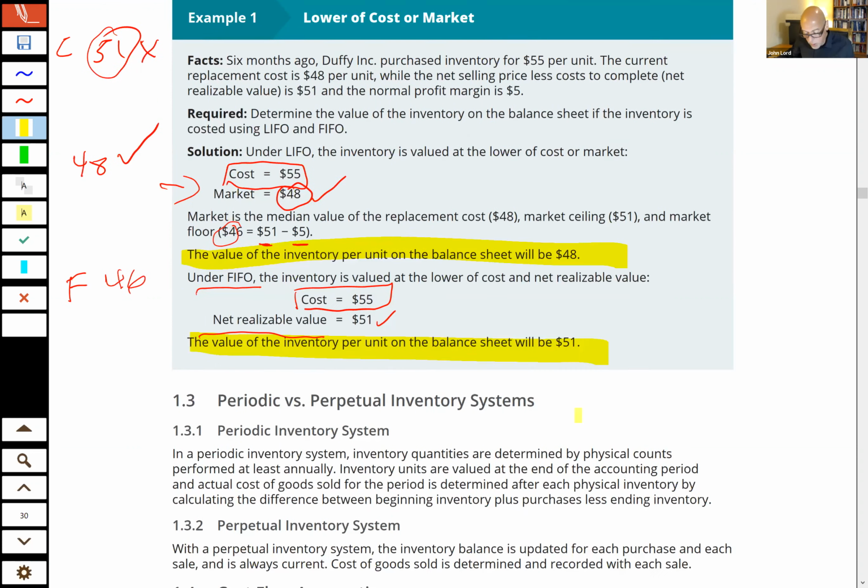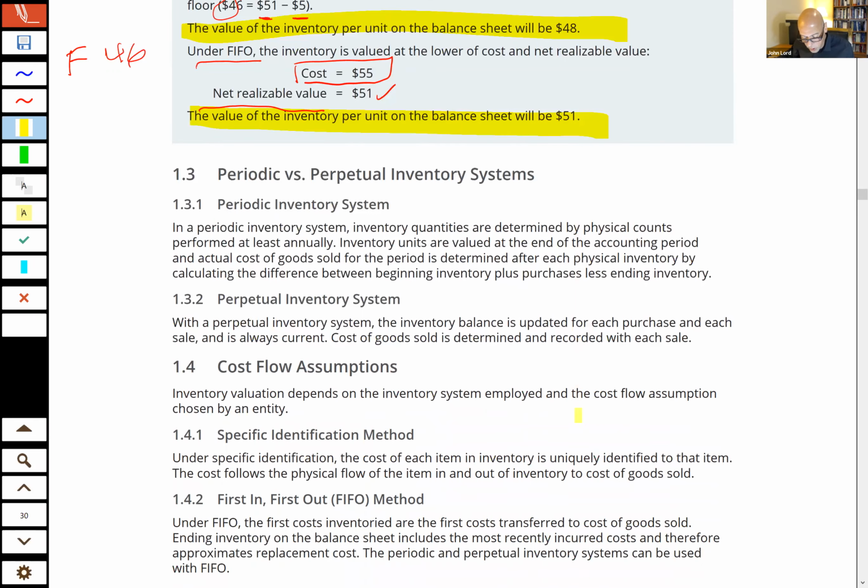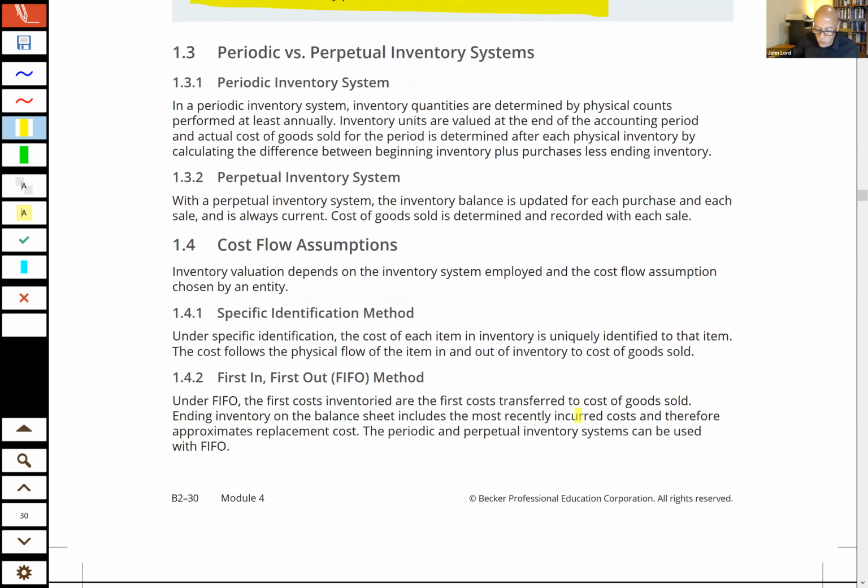Now we come down and start talking about cost flow assumptions. When you look at these cost flow assumptions, we really want to tease out the financial statement implications of these different methods. When you think about financial statement implications, we're thinking about the effect on the balance sheet and the effect on the income statement.